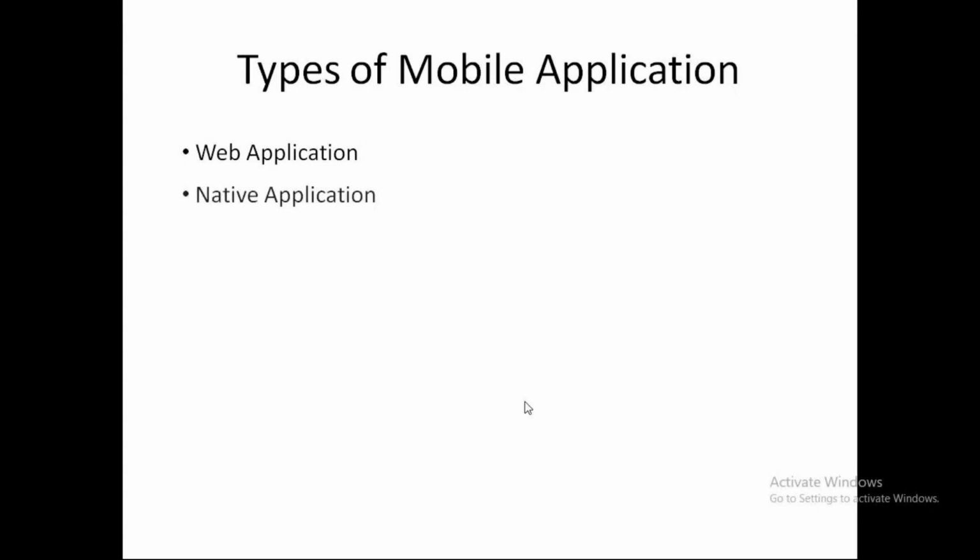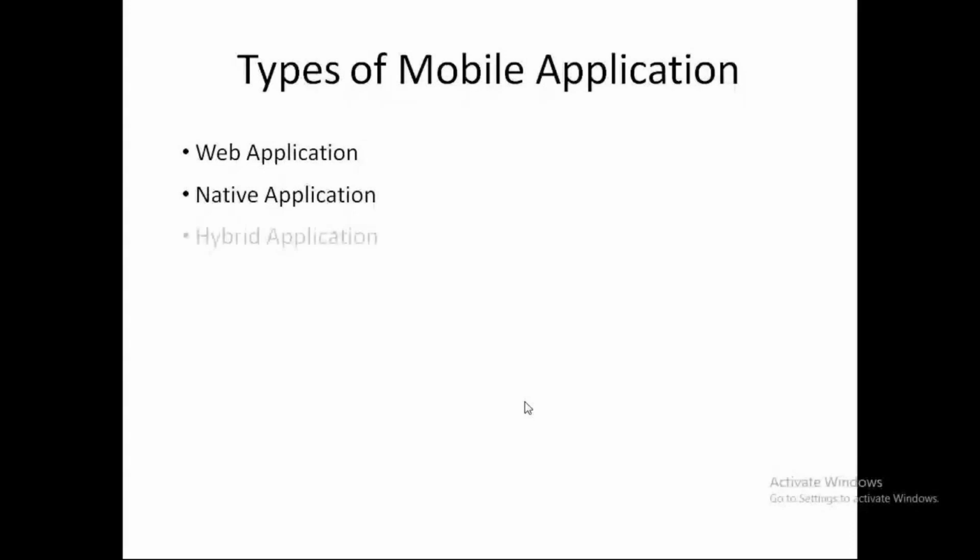Then we have the native application. Native application is purely a mobile application. We can say that the purest form of the application for mobile is the native application, but we'll see more details about that later.